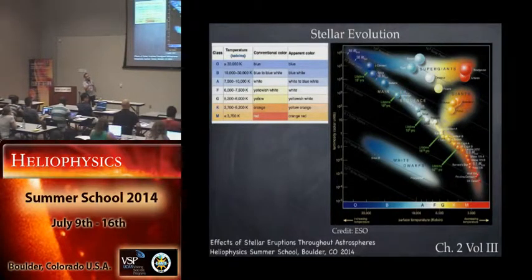And we have the M dwarf branch here, which are more active than the sun, and we have the giants, of course, which we can assume are different types of stars because they don't have the same type of stellar winds and they don't have the same type of stellar corona.